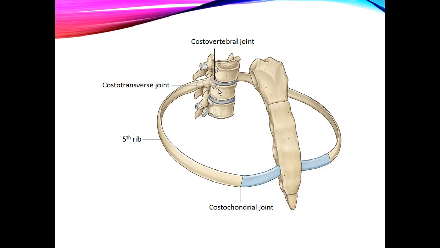Okay, and remember, the head of each typical rib articulates with the corresponding vertebra and the vertebra above. So here the R5 posteriorly articulates with the T5 and T4.